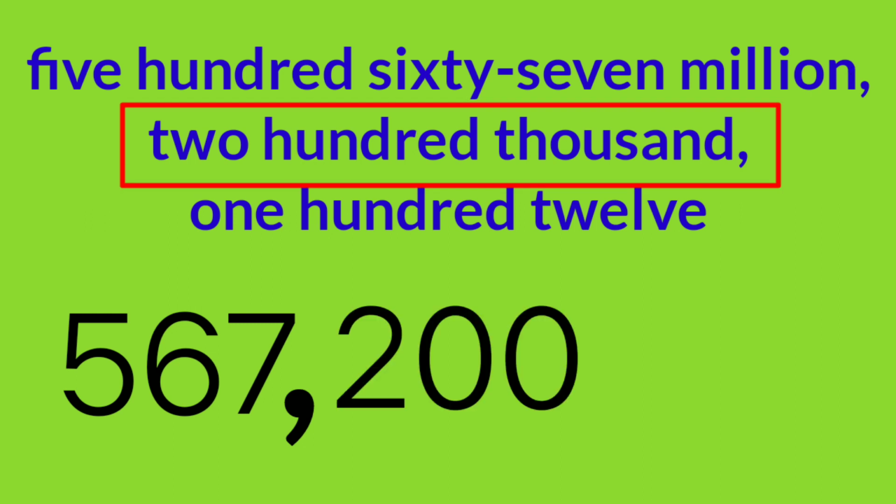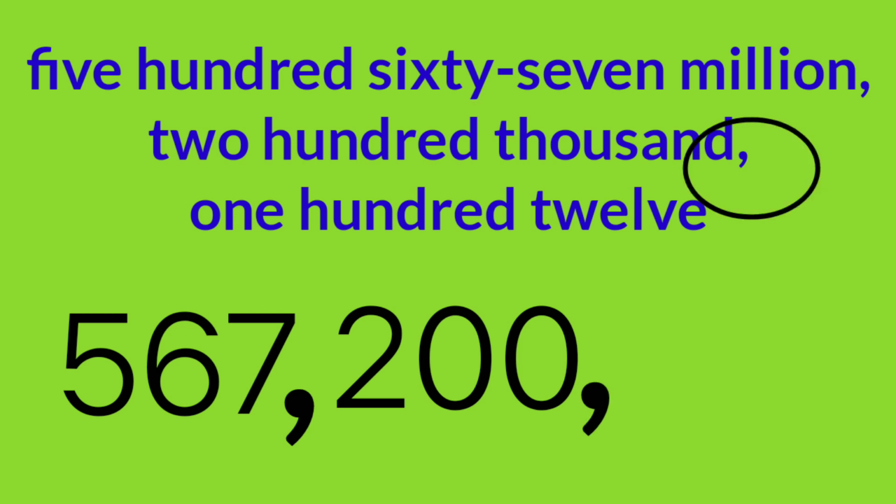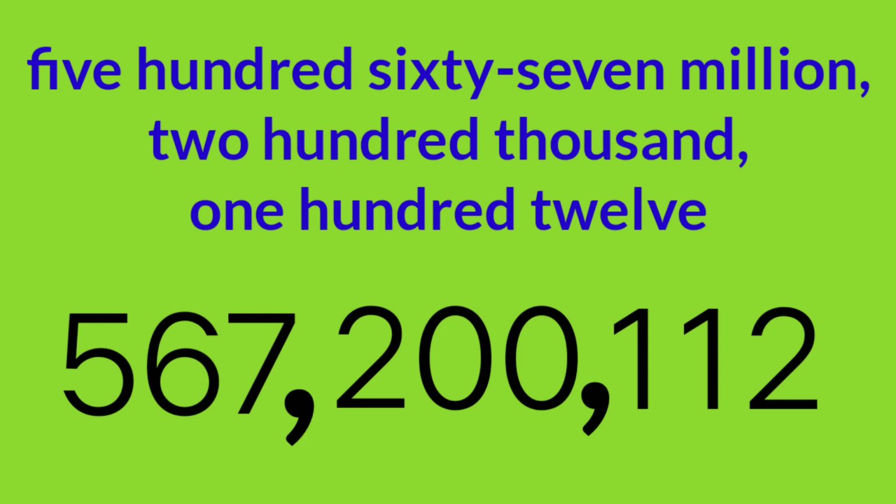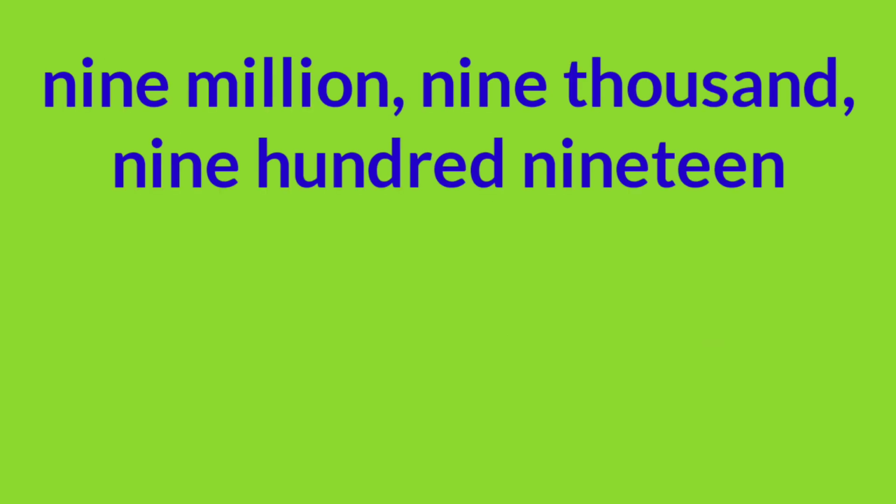Then we have 200,000, so 200, then comma, and the last number we have 112, and we write it like this. Okay, so this is how we write it in symbols or standard form, 567,200,112.